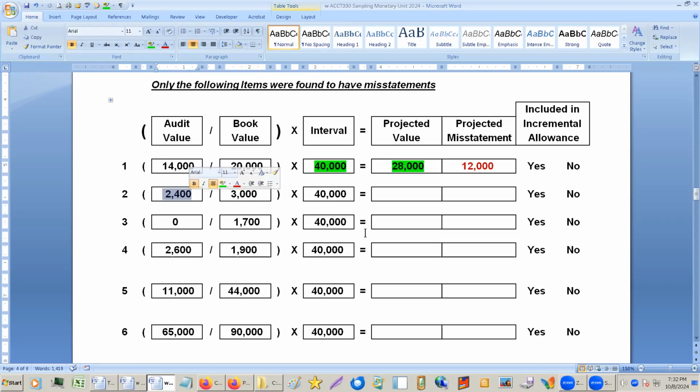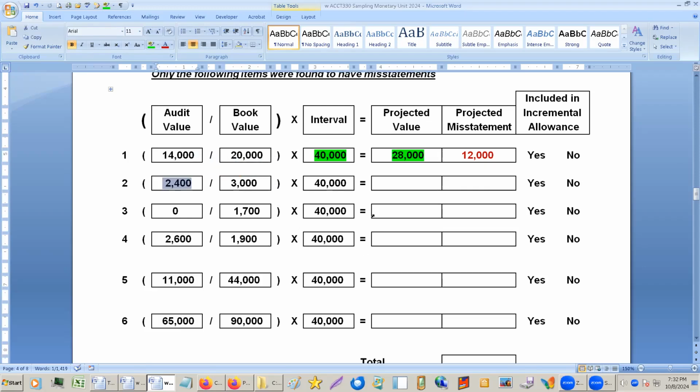Okay, this one: 2,400 divided by 3,000 gives a $32,000 projected value, so 8,000 projected misstatement.